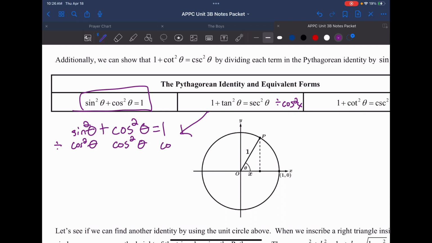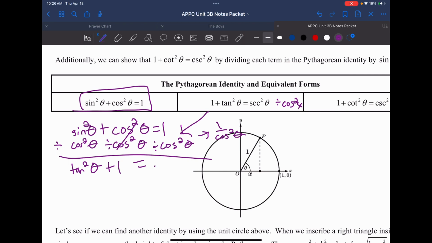Dividing by cosine squared theta the whole way across, this gives me sine over cosine, which is tan squared theta. Cosine over cosine is 1; these cancel out when you divide them. And then if I divide the 1, this will give me 1 over cosine squared theta. And 1 over cosine squared theta is secant squared theta. Okay, so that's how they get that one.